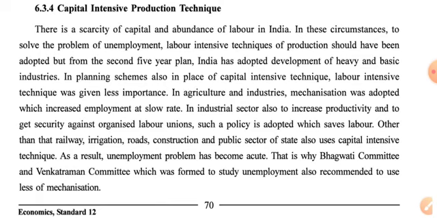Now let us discuss the other part of this topic: other than that, railway, irrigation, roads, construction and the public sector of the state also use capital intensive technique. In the initial years of the railway, 95% of the work was done by laborers.